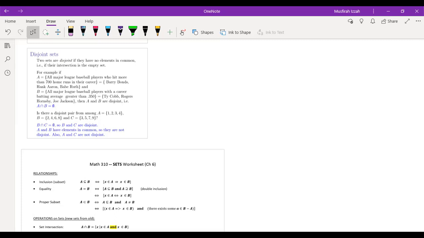Is there a disjoint pair from among A 1, 2, 3, 4, B 2, 4, 6, 8 and C 3, 5, 7, 9? Okay, teacher.